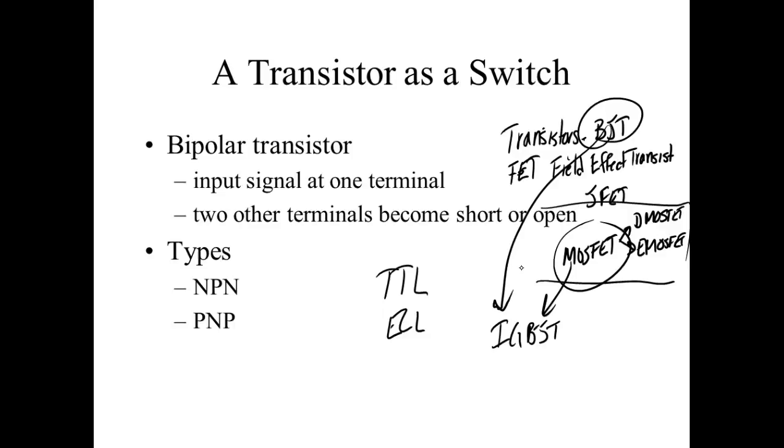So you can see when we use the term transistors, people use that, you probably heard that term a lot. We just can't say transistors because there's all kinds of devices that are considered to be transistors. The ones we're looking at are transistors, and this is used in the logic that we're going to predominantly study this semester, and that's going to be what we call transistor logic. And transistor logic uses bipolar junction transistors, BJTs.